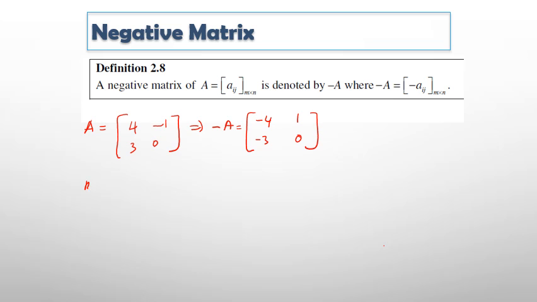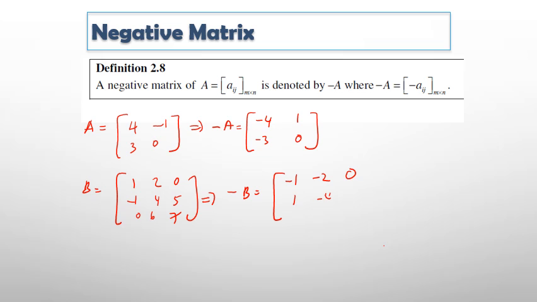If it's 3 by 3, B equals 1, 2, 0, -1, 4, 5, 0, 6, 7. The negative of B is -1, -2, 0, 1, -4, -5, 0, -6, -7. You just put a negative on each entry in the matrix. Very simple.